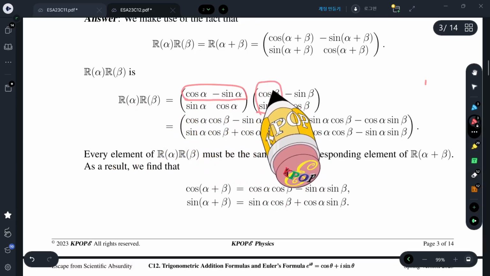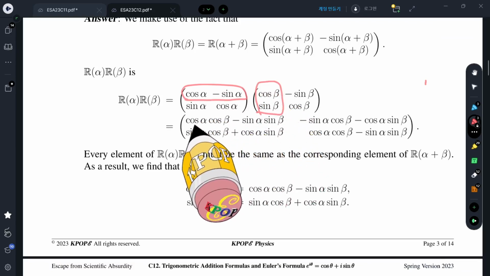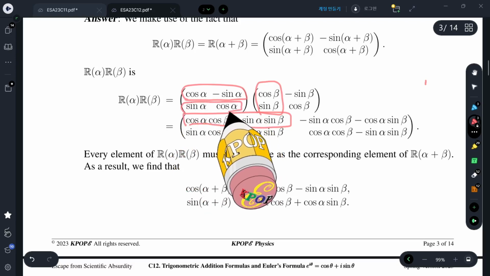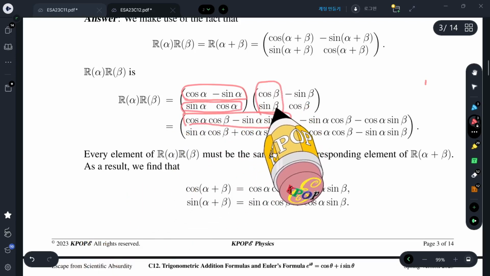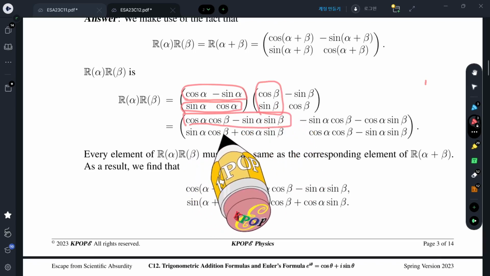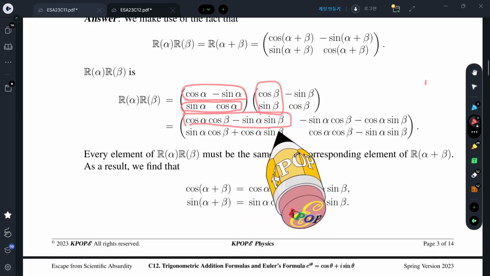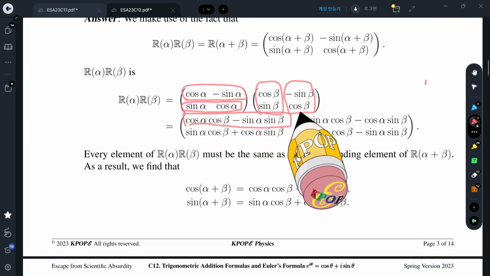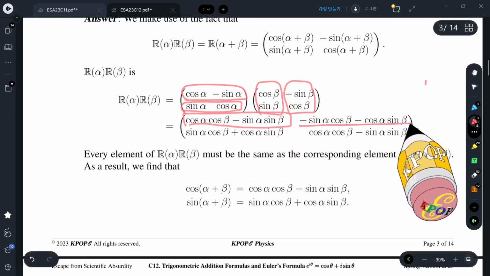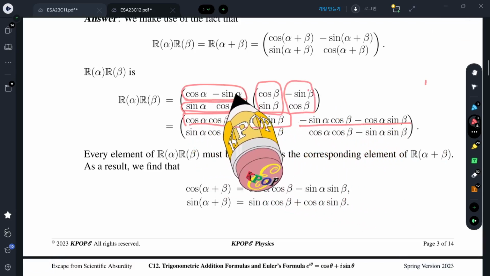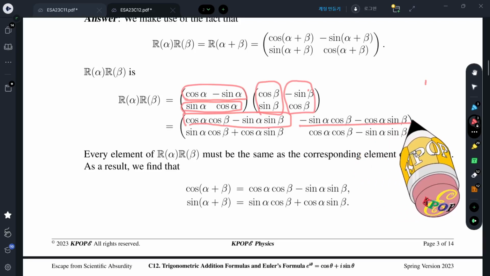Multiply this, cosine, minus sine. Okay, and then second row, first column, sine cosine, sine cosine, sine. That's fine. And the second column, first row, second column is this, cosine sine minus, and sine cosine, minus.